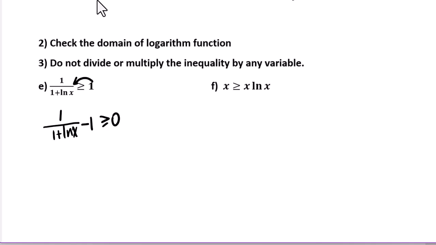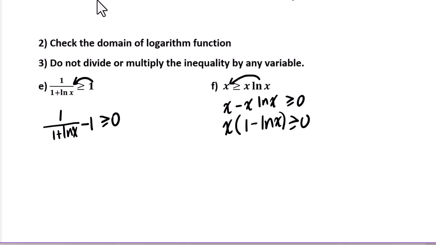Then work out the operation of this fraction. Use the sign diagram to solve this inequality. For this f, we cannot divide it by x on both sides. Still, cross the river, change sign. Then you take x out because x is a common factor. Then make sure each factor is an increasing function.